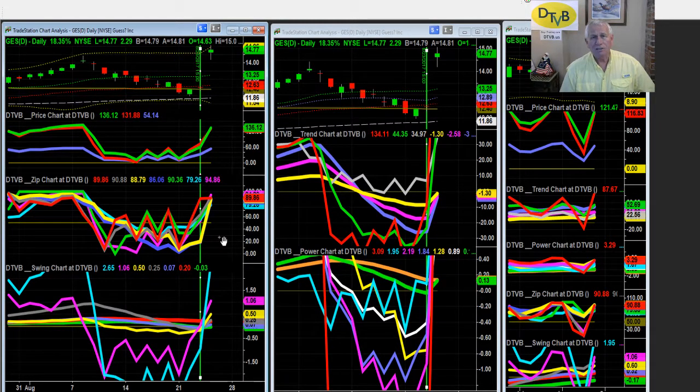You may not necessarily know what the signal is, but it's a signal that identifies a really strong movement. And so it becomes key to identify or recognize those movements. I mean, you can easily set your scan to print out those stocks that have a zip red line that's moved 40 or more points.